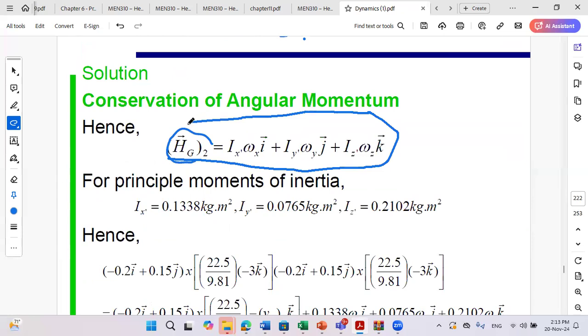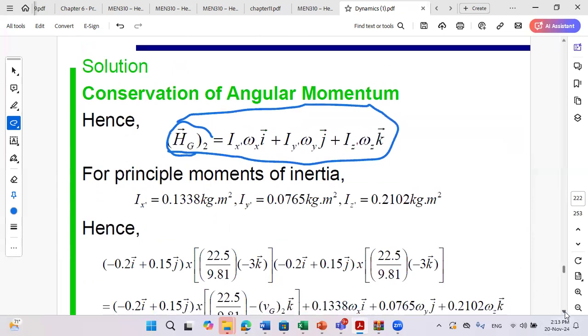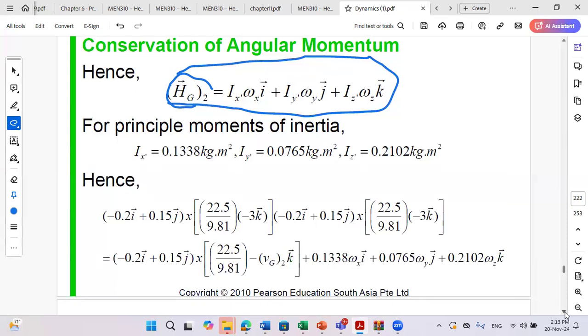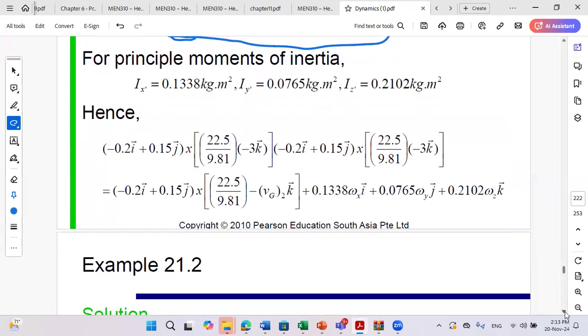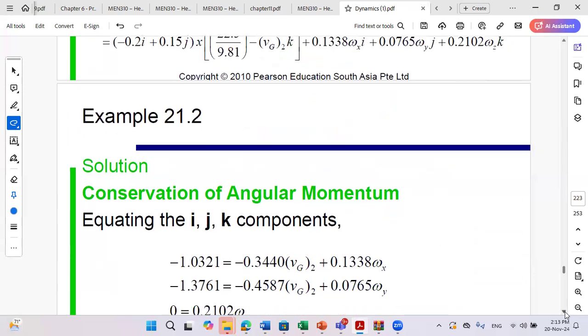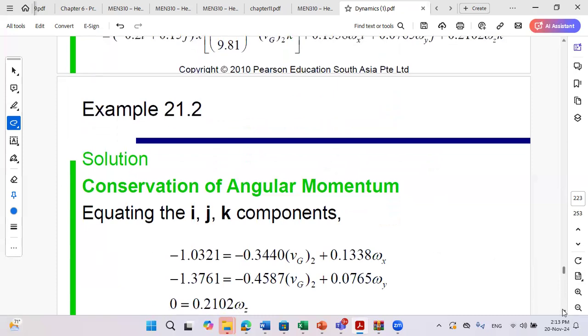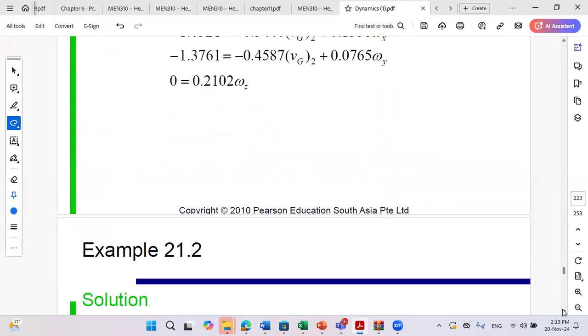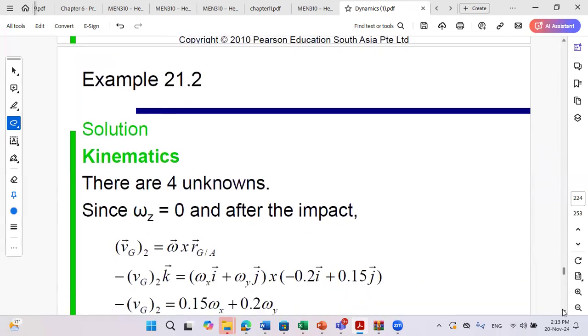Now, what about the relation between velocities? As we said, we need to determine the velocity of G at state 2. To determine it, we need to relate the velocity of G to other points. So what do we do in general?